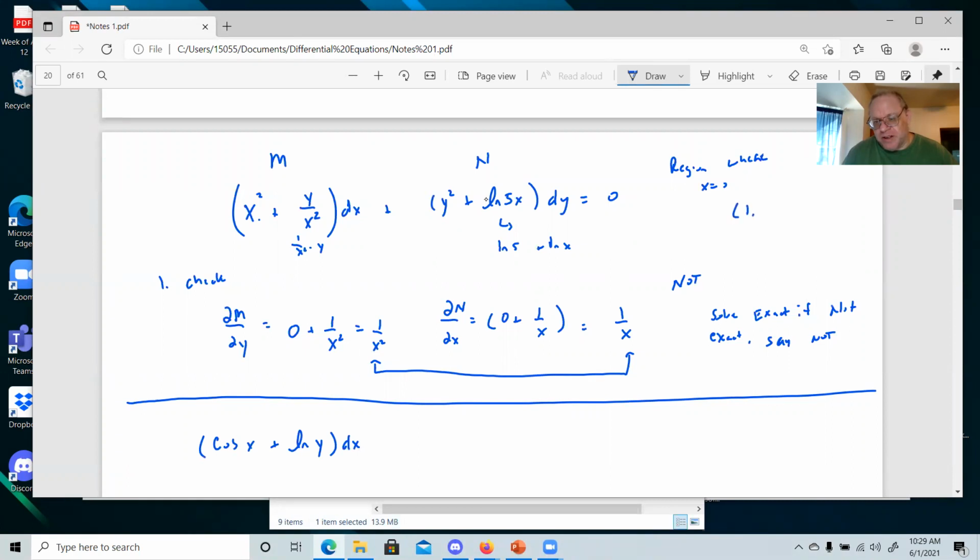So we could pick the region, like we have, the space R squared where x is greater than 1 and y is anything. Okay, so we could pick that part of the real plane where just x is bigger than 1 and y is the whole, negative infinity to positive infinity kind of a thing.